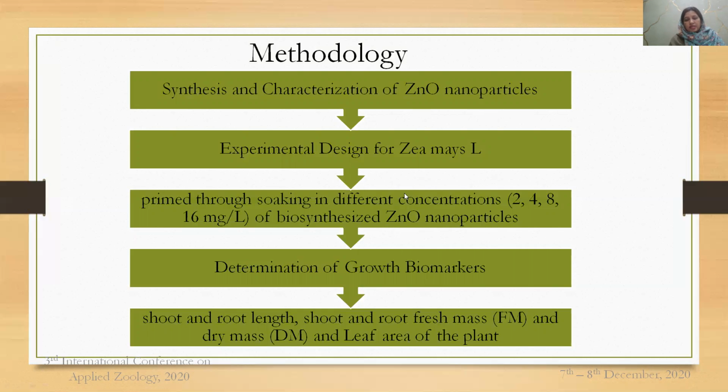For this, the seeds of the maize crop were primed at different concentrations of zinc oxide nanoparticle at 2 mg per liter, 4, 8, and 16 mg per liter. Afterward, we determined the growth biomarkers, that is, shoot and root length, shoot and root fresh mass and dry mass, and the leaf area of the plant to check the effects of the nanoparticle on the plants.